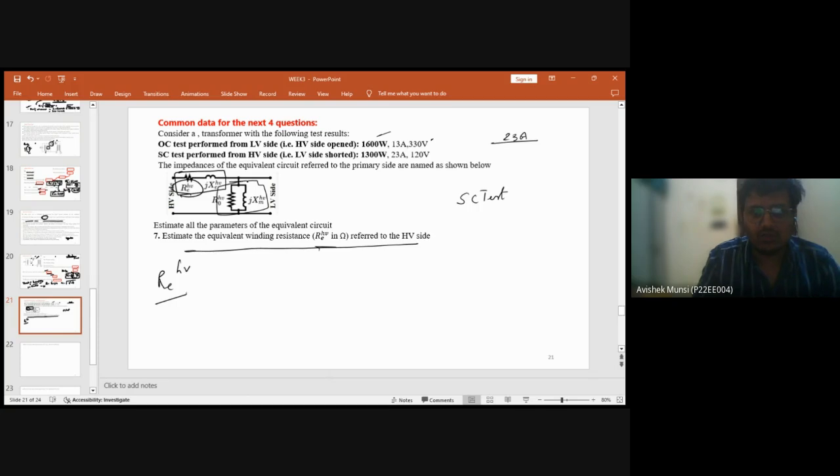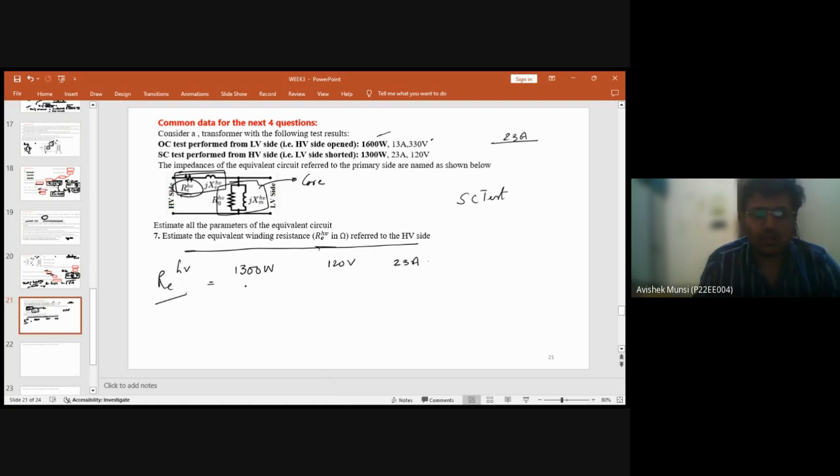Why? Because this is the core. And the short circuit test will determine the I squared R losses. So these parameters are calculated from the short circuit test. So Re we have to calculate from the short circuit test. From it we have the power as 1300 watt, the voltage is 120 volt, and the current is 23 ampere.